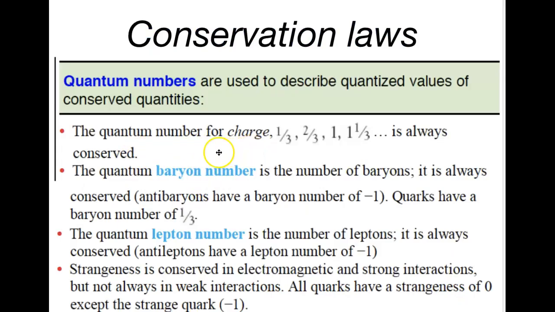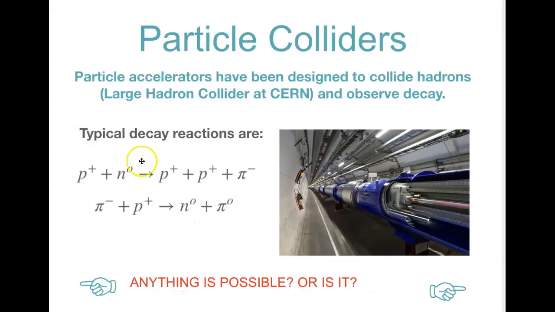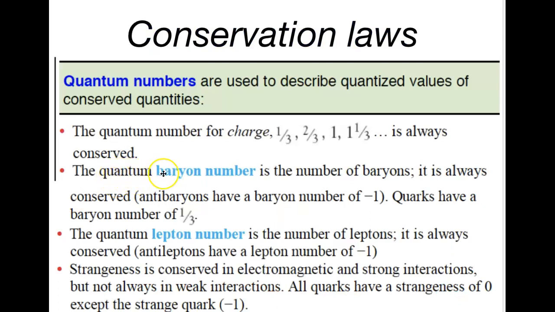The quantum number for charge is always conserved. So is the charge on this side equal to the charge on that side? The quantum baryon number is always conserved, so you need to check that both sides of the equation have the same baryon number.